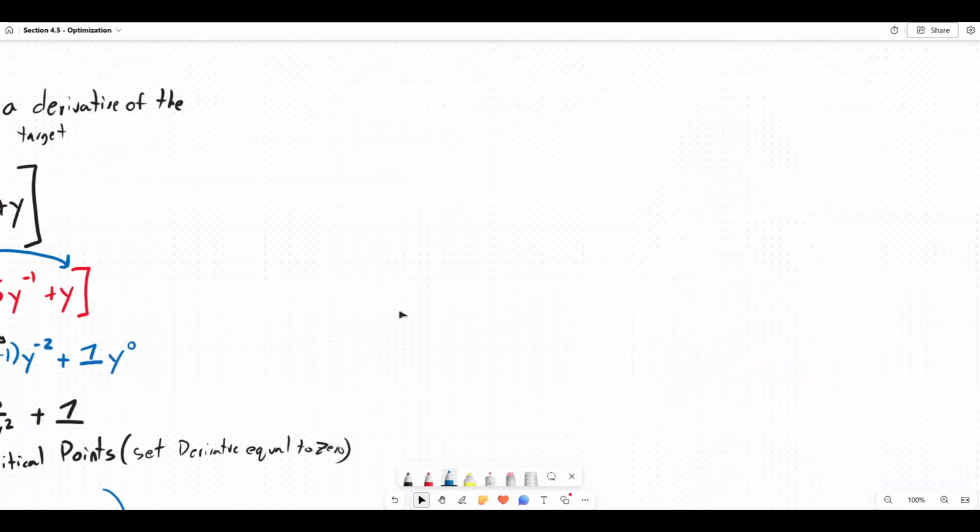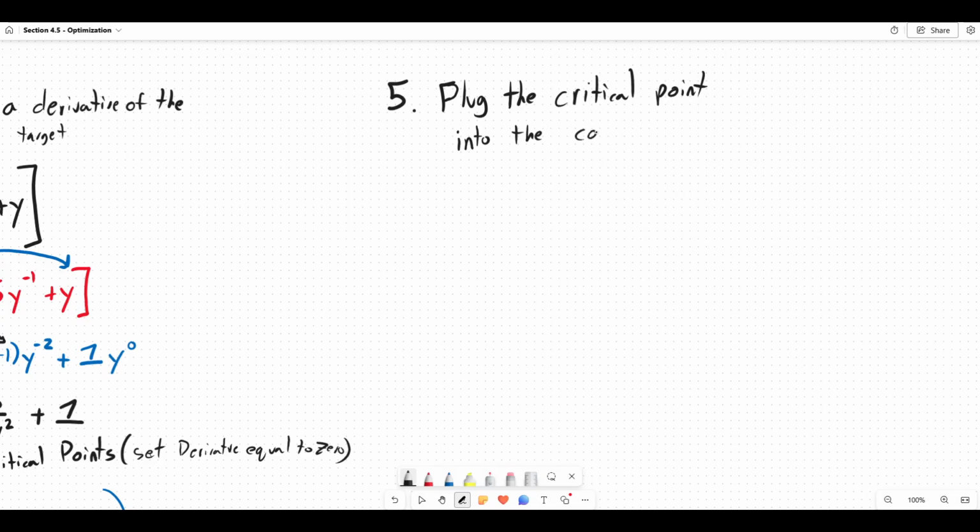There's usually a 5th step: plug the critical point into the constraint. Now, some questions ask for this, some don't.